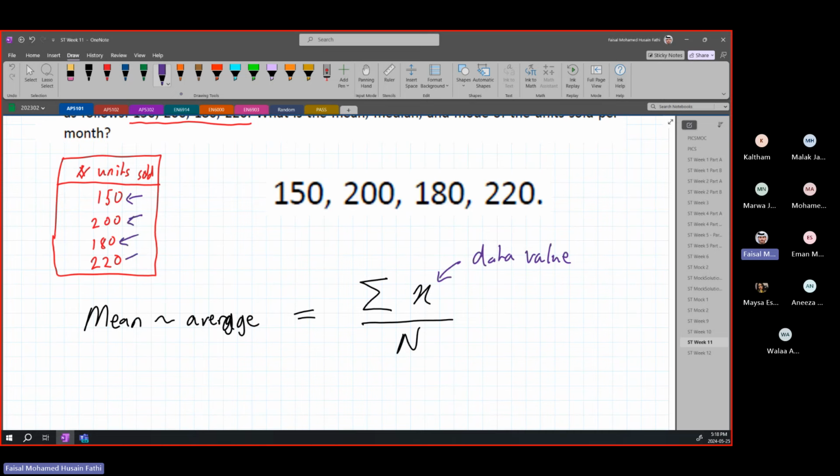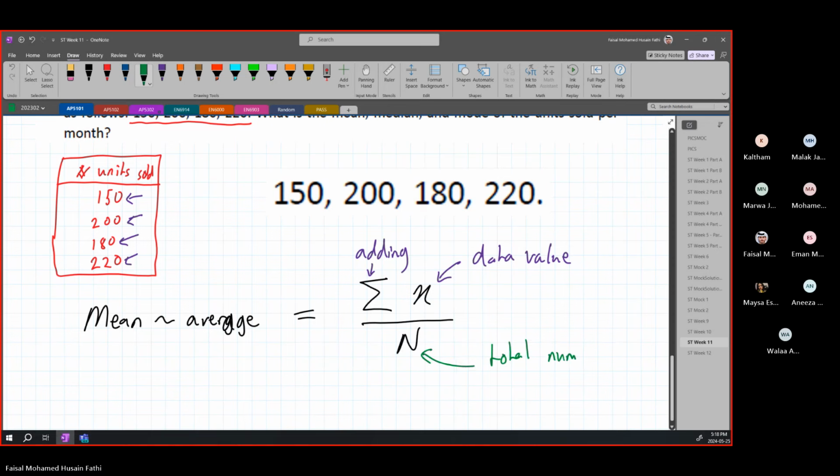You are going to sum them all up, as in summation, meaning you're going to be adding. And your n value is the total number of data that we have.